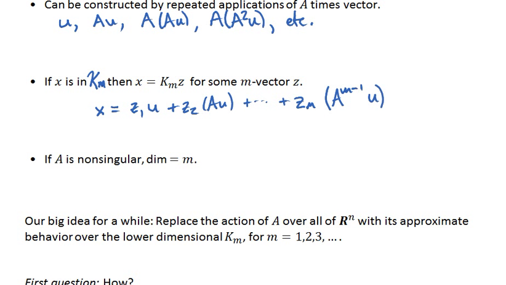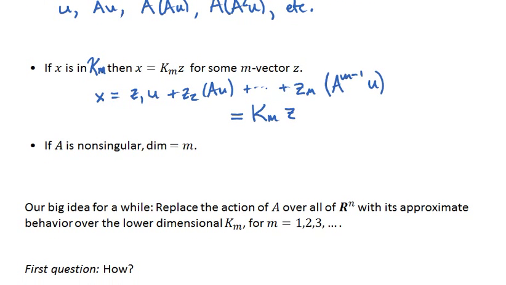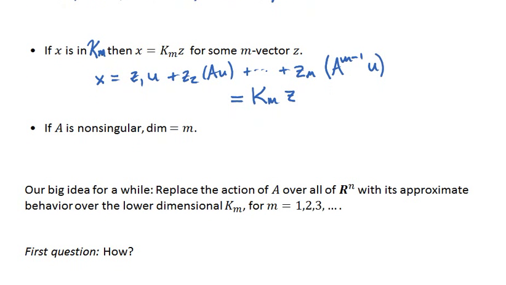That's by definition of Km. But then we know that a linear combination of vectors is the same as a matrix times the column vector, which is the reason we picked our definition of the Krylov matrix Km in the first place. So that's just the same trick we've been doing with matrix vector multiplication since pretty much day one.